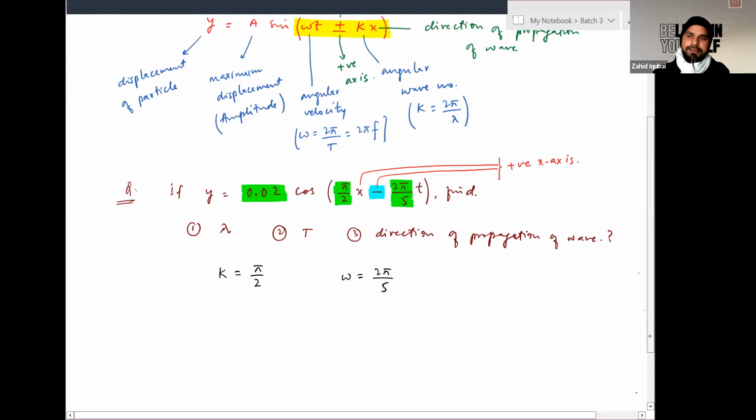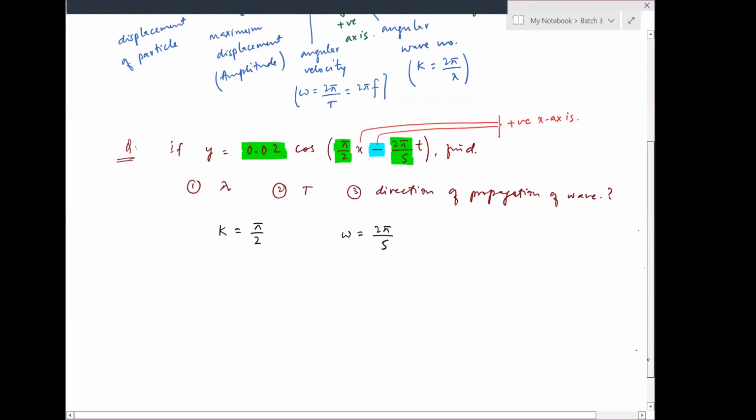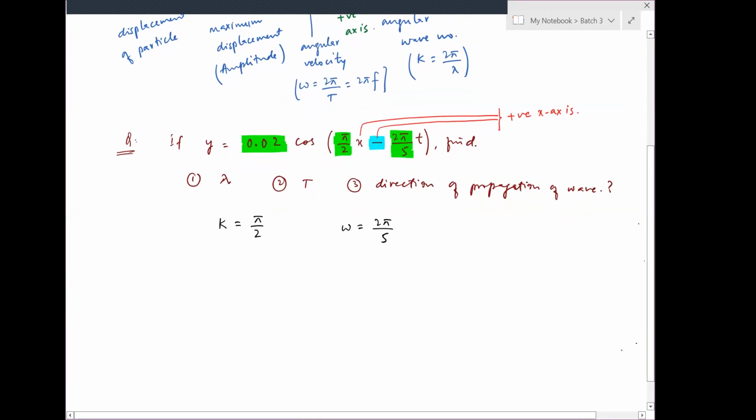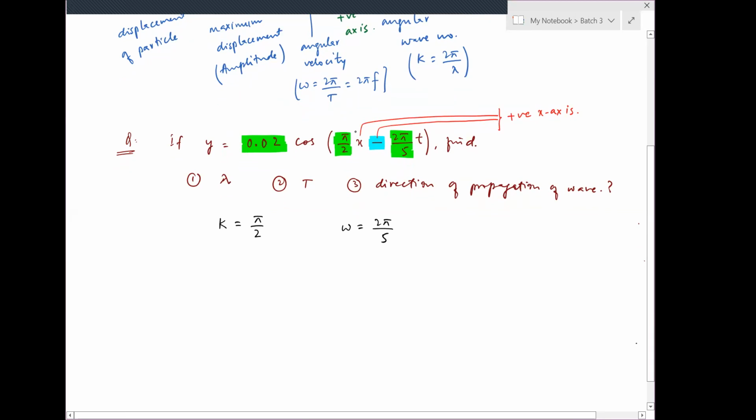Atif, did you get any answer? Sir, I don't know if it's only for me, but your screen is glitching. Even for me, sir. Like there are black rectangles. Okay. Is it a similar issue for all of you? Yes, sir.